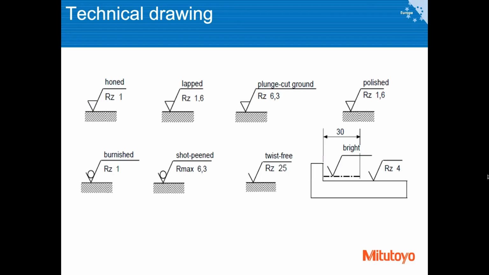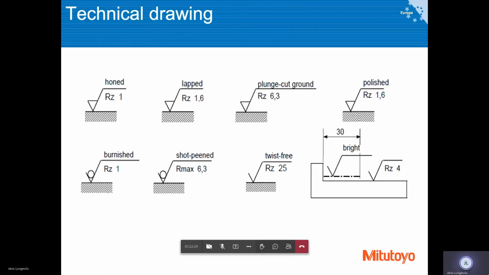Basically, this is the general symbol which is used when you don't care whether the material is removed or not. You only care that the final quality is as you expected.